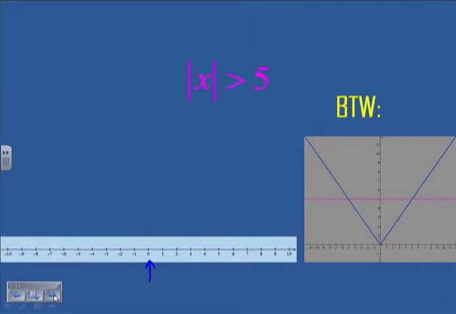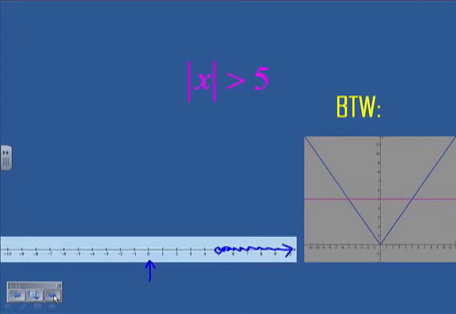Okay, well then I could certainly go to 6 and 7 and 8 and all those guys, but I could also go to 5.1, couldn't I? And 5.2. So I put an open circle on 5. Do you know why I have to put an open circle on 5? Well, because 5 isn't farther than 5. So I put the open circle and anything to the right. All of those numbers are farther than 5 units away from the origin.